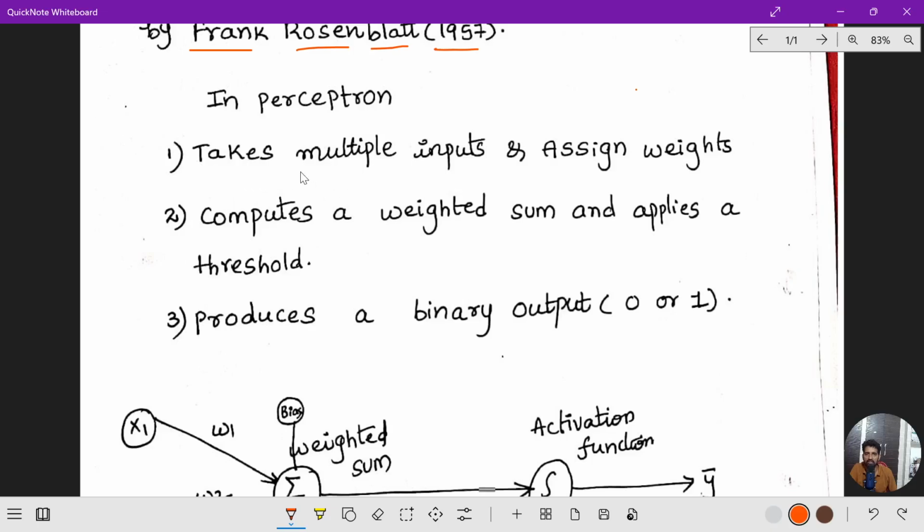First it will take the different inputs and assign some weights. After taking the inputs and assigning the weights, it is going to compute the weighted sum and apply some threshold value. Finally it produces the output as binary, which is called zeros or ones.